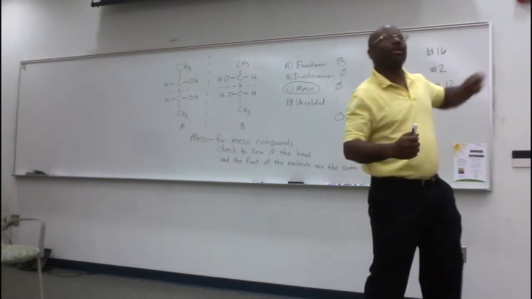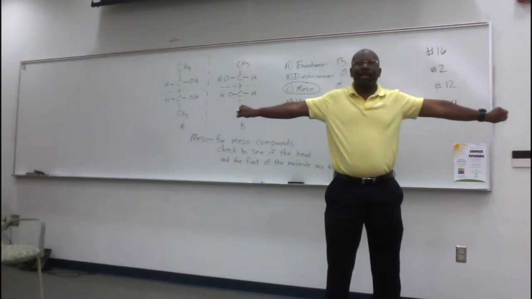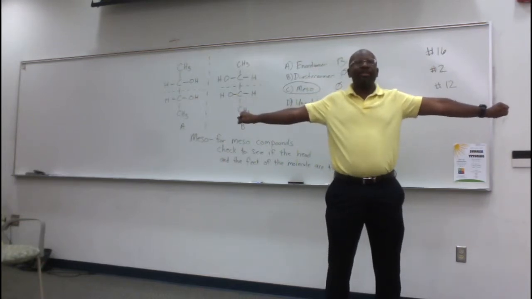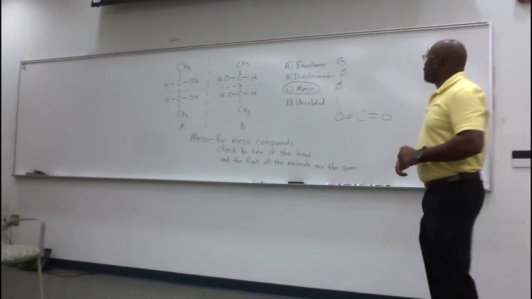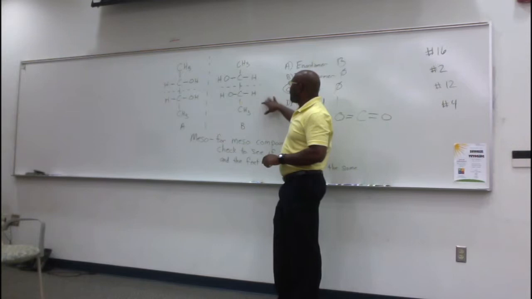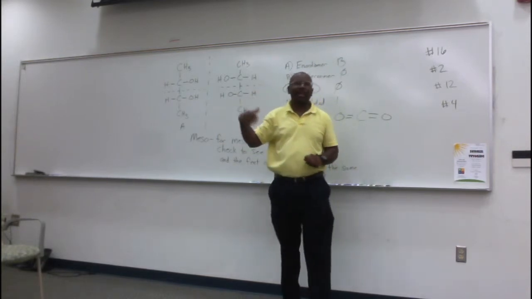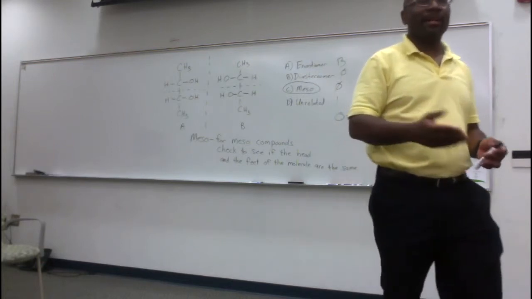That is because it can pull in one direction a particular amount, and pull in the other direction the same amount. The net amount will be 0. Similar to a meso. In a meso, you may have chiral carbon atoms in the molecule, but the molecule itself will be considered achiral or non-chiral.